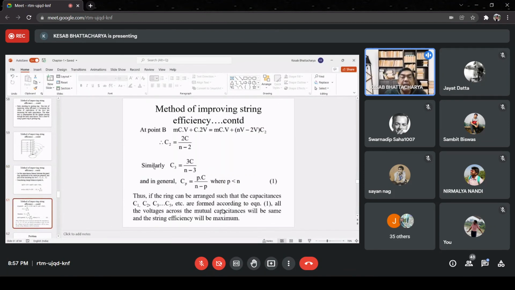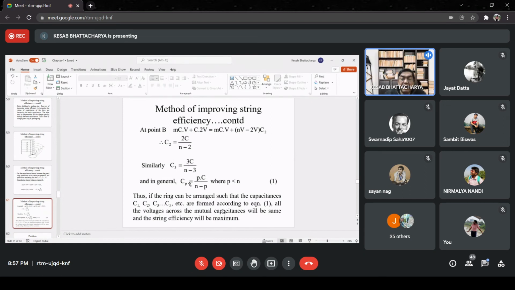Similarly, proceeding in the same manner at point B, we can write this equation. MCV plus CV into 2V is equal to MCV plus (N-2)V into C2, from where we can write C2 is equal to 2C by N minus 2. Similarly, C3 is equal to 3C by N minus 3.